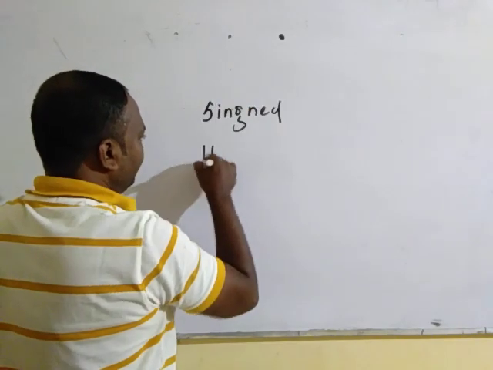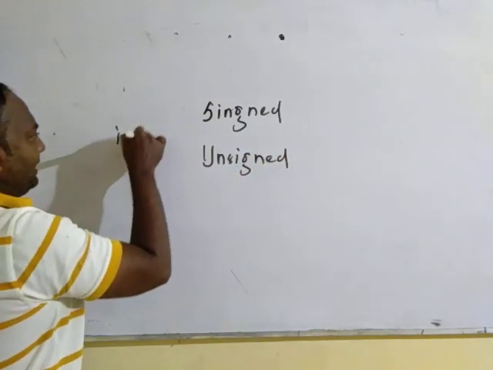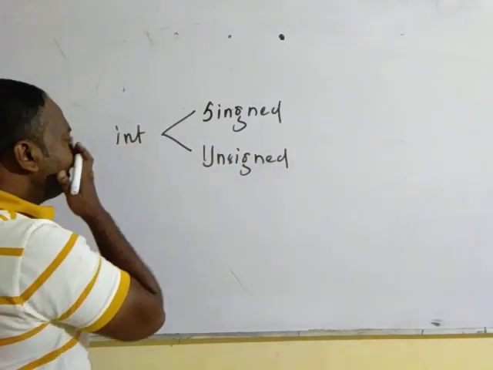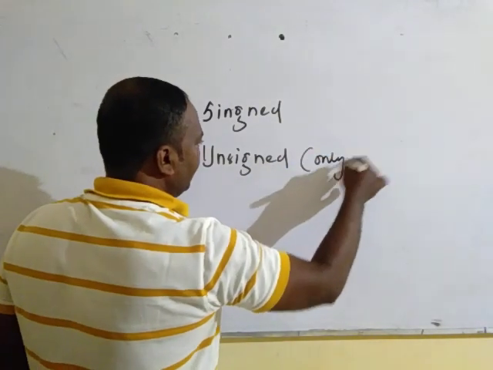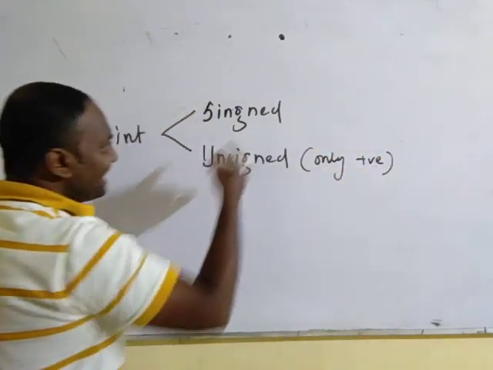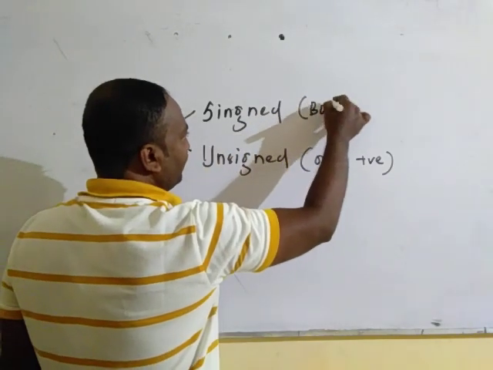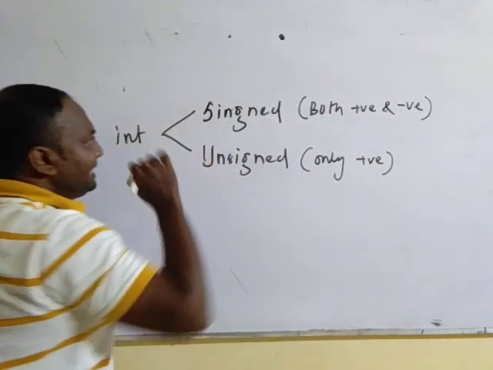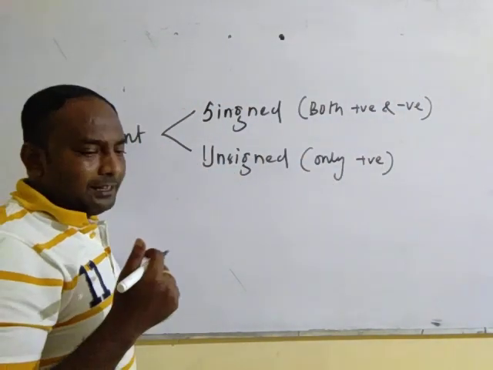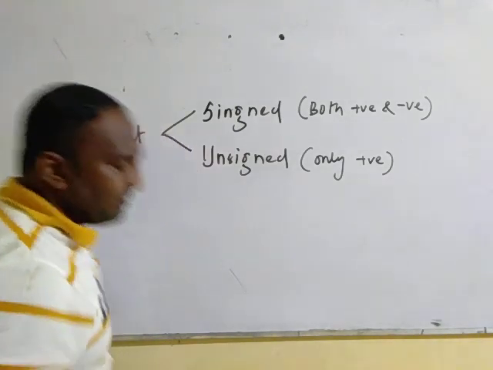Integer can be signed, can be unsigned. If it is unsigned, then it is only positive. If it is signed, means if there is a sign, then both positive and negative values are there. So integer can be both signed and unsigned. Okay, we'll discuss one by one.